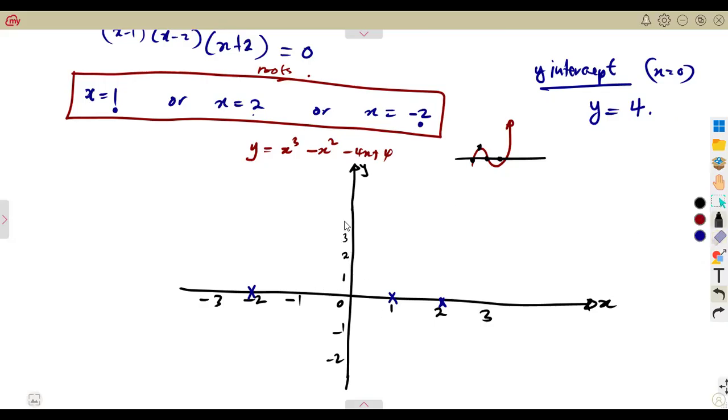So as our function is going to pass through the point 4 on the y-axis, it must be considered to a certain turning point, then goes back to the y-intercept. In between these two points here, 1 and 2, there's also a turning point. So you are supposed to consider that.